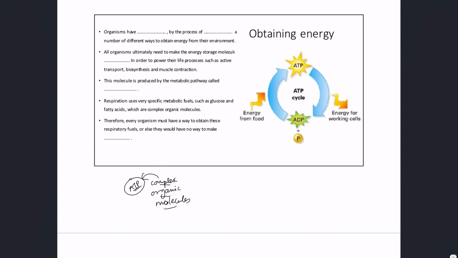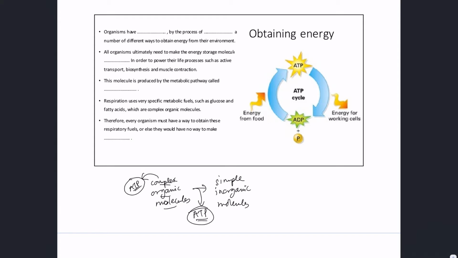Complex organic molecules, being broken down to simple inorganic molecules, is what releases the energy that we can use to make ATP.